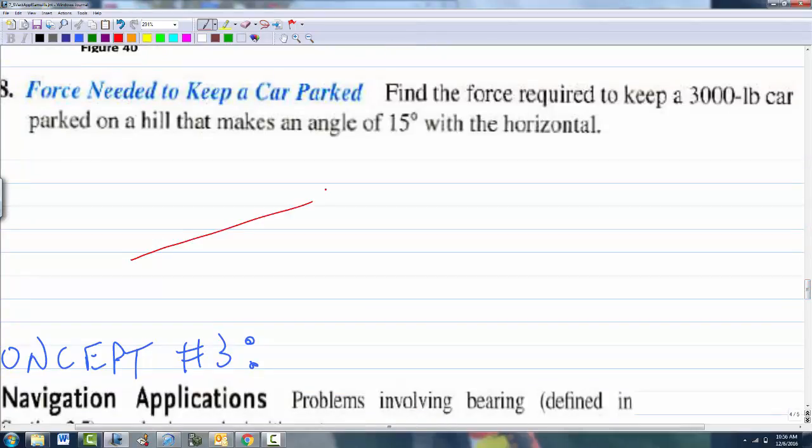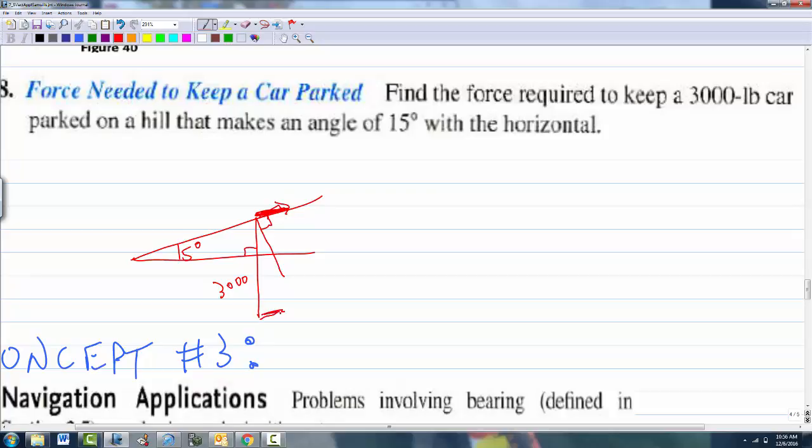Okay, so we got a little ramp. It's only 15 degrees. This is 3,000 pounds, so that's 3,000, and it's perpendicular to the ground. There is a ramp vector that you just have to create. And then this has to be parallel. This is the force vector that you're using, however long it is.